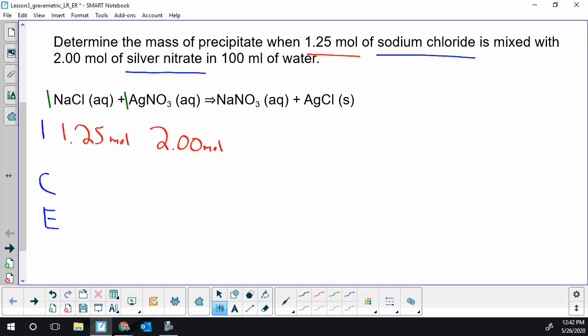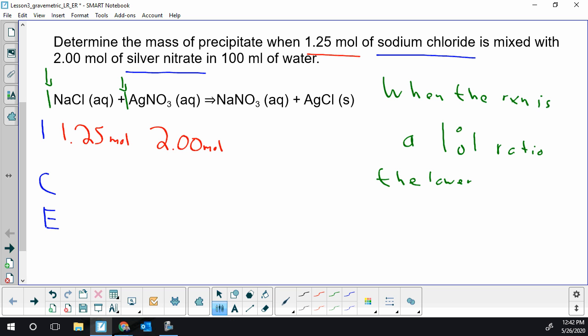So when the reaction is a 1-to-1 ratio, and that 1-to-1 ratio I'm referring to is 1 of one reactant to 1 of the other, the lower mole reactant is the limiting reagent.